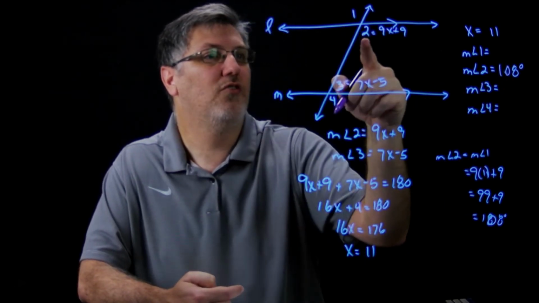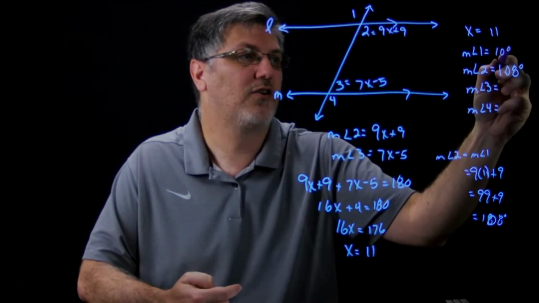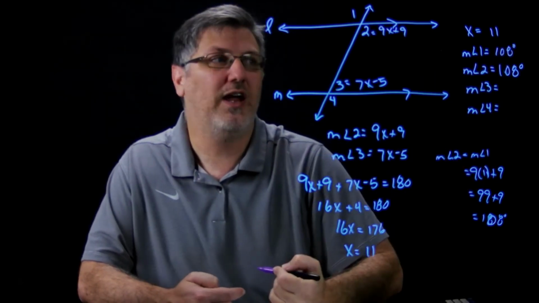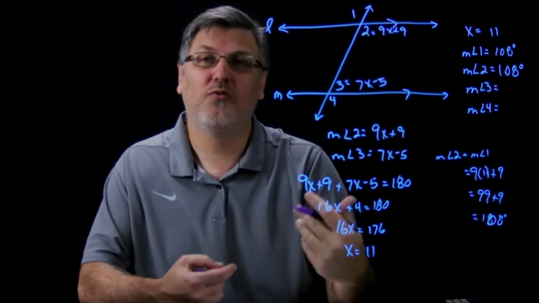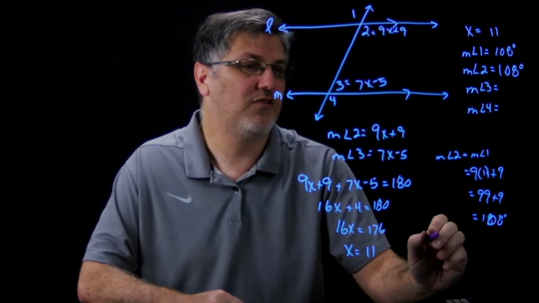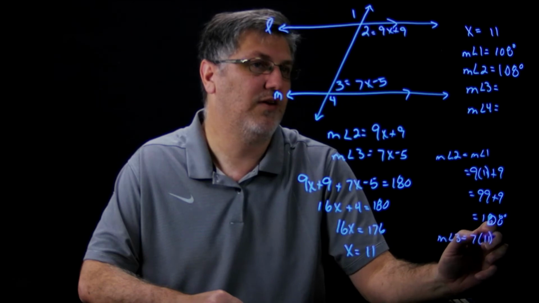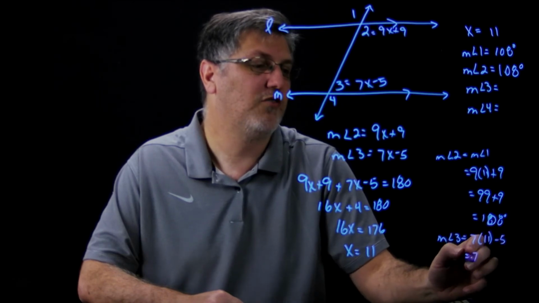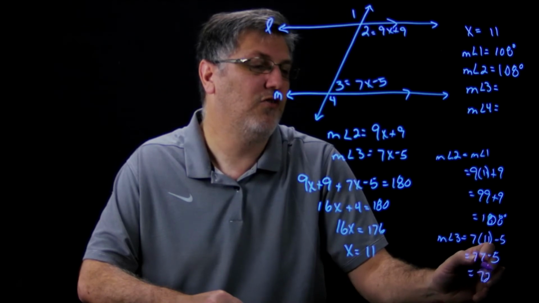So angle 2 and angle 1, because they're vertical angles, are going to be congruent, so that is also 108 degrees. Well, the measure of angle 3, we can find it two ways. We can either plug the 11 in, and say the measure of angle 3 equals 7 times 11 minus 5, which gives me 77 minus 5, which gives me 72 degrees.